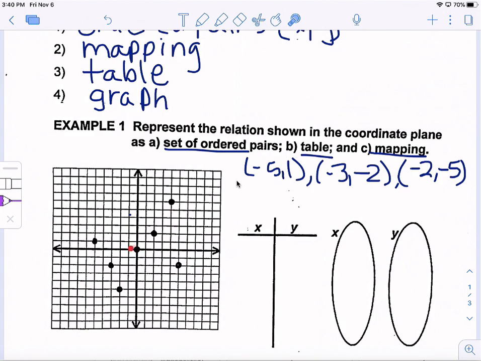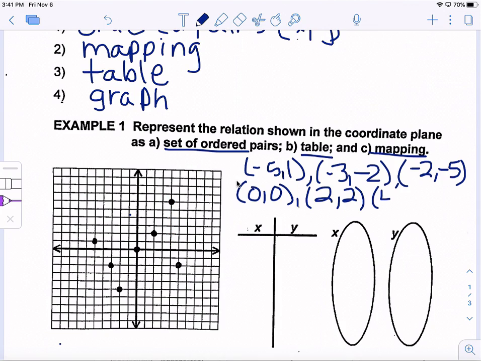Then the center point right here is 0, 0. And then moving across, this point right here would be 2, 2. And then this point would be 1, 2, 3, 4, 1, 2, 3, 4, 5, 6.